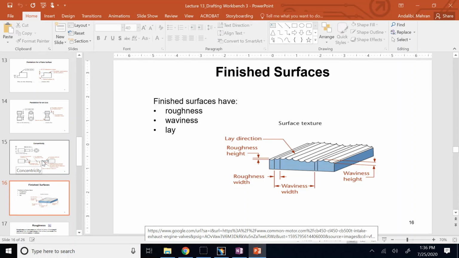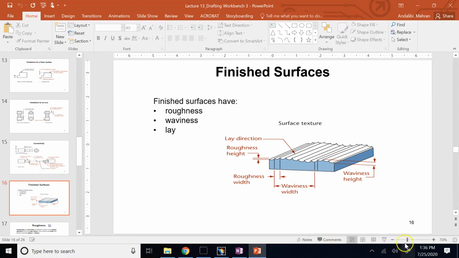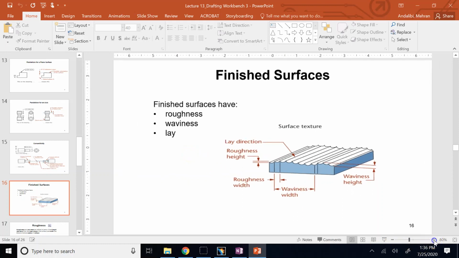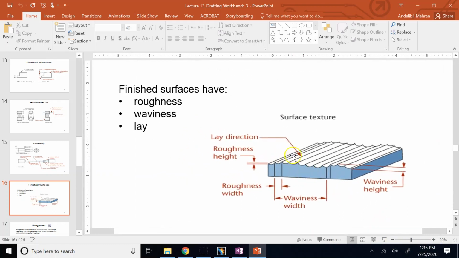But how much? Because if you make the machinist make it super, super shiny, so that when you look under the microscope you barely can see any of these ups and downs, it's relatively smooth, then that would cost a lot. If you go small, then you might lose the compression, and when you look under the microscope, you see a lot of jaggedness, a lot of ups and downs and roughness.